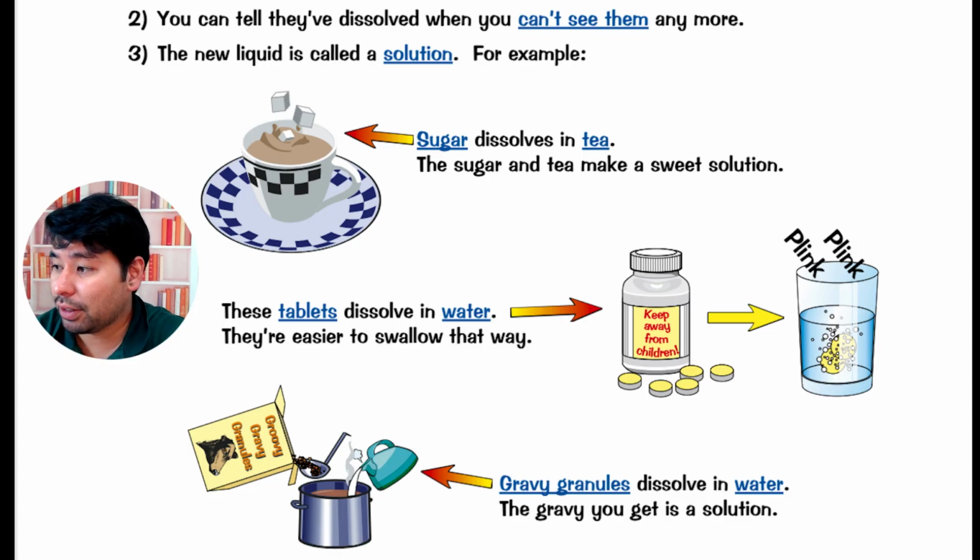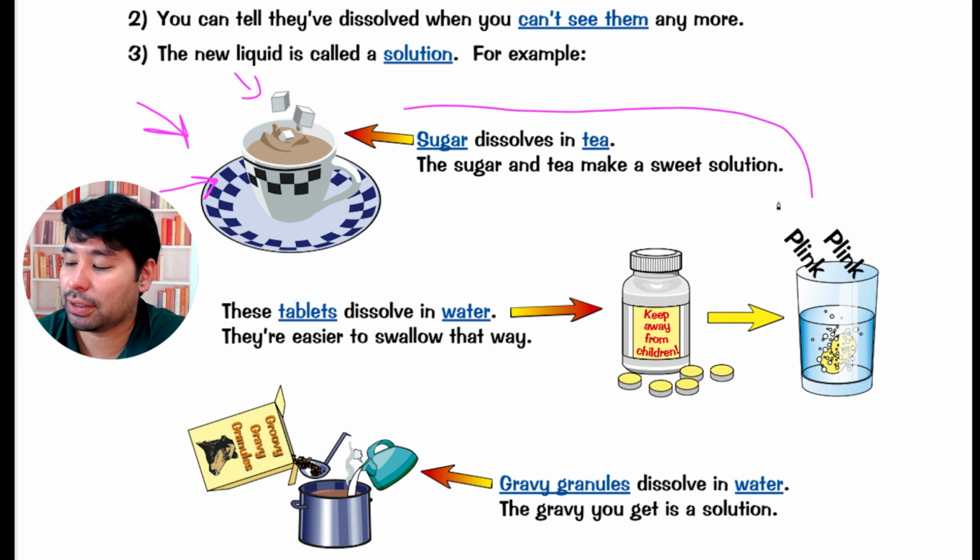Okay, so if we analyze here, we have one picture here with one example, right? Which is this one. So let's see. We can see there is this mug of tea, this cup of tea, it looks like. And we can see that there are some sugar cubes falling down into the tea. So the sentence that we have here is: sugar dissolves in tea.